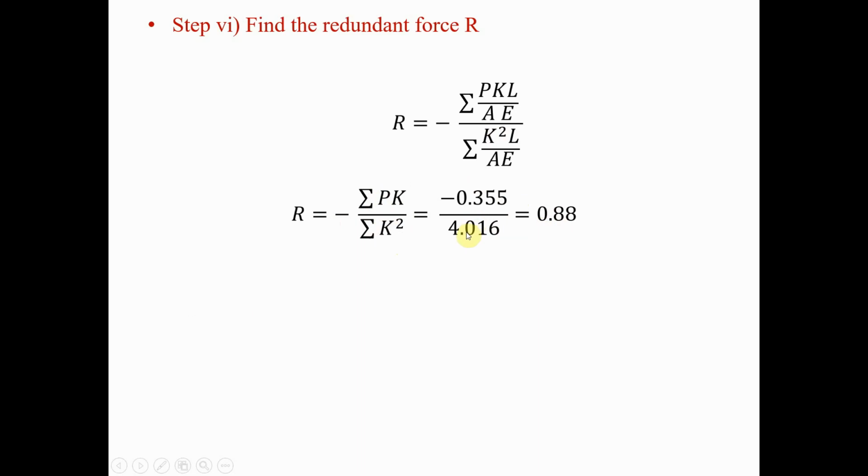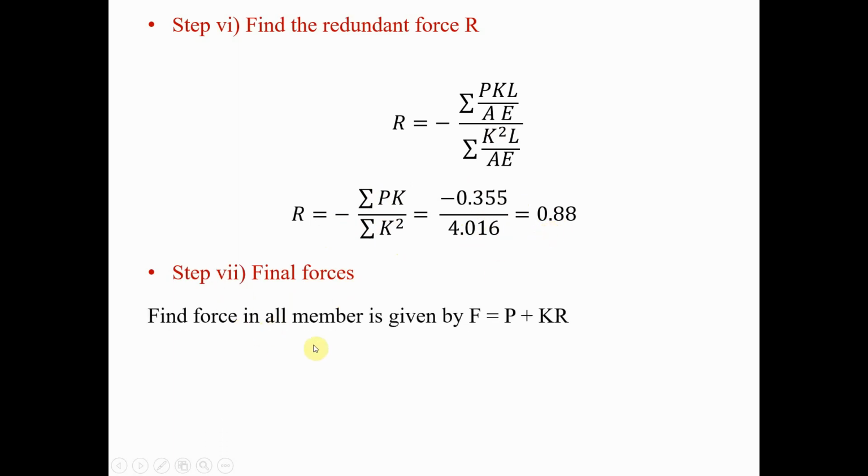So we get the final forces by multiplying the K forces with this redundant force. All the forces in the members are given by F is equal to P plus KR. So we multiply this redundant force with the K forces. This is the redundant force correcting factor we got here.